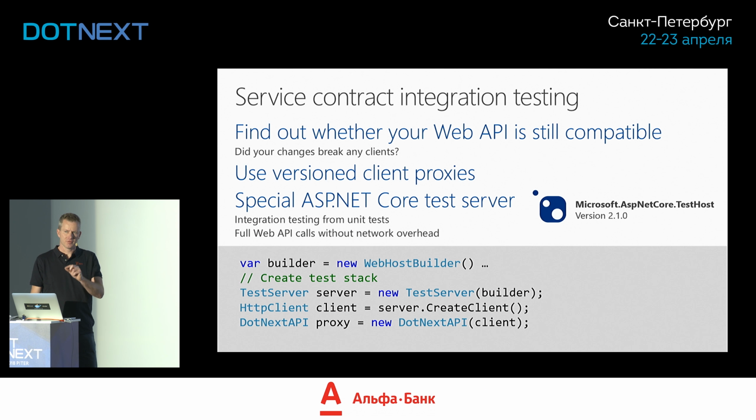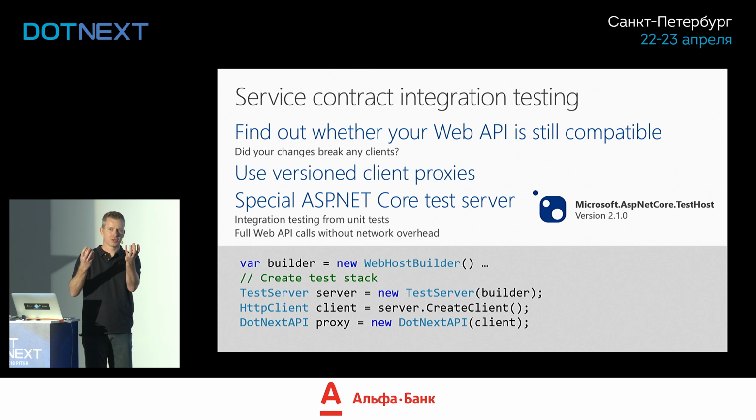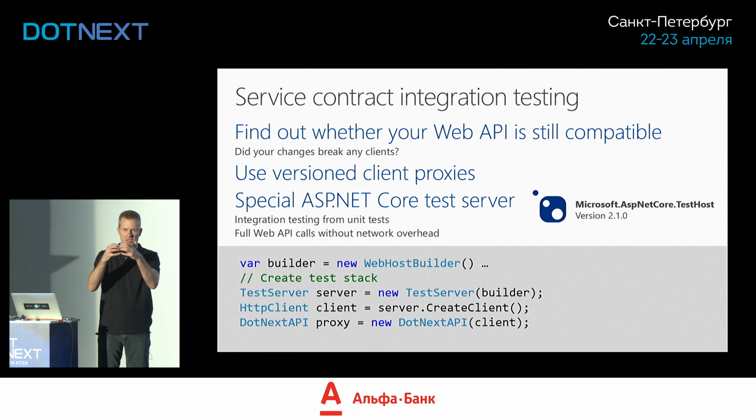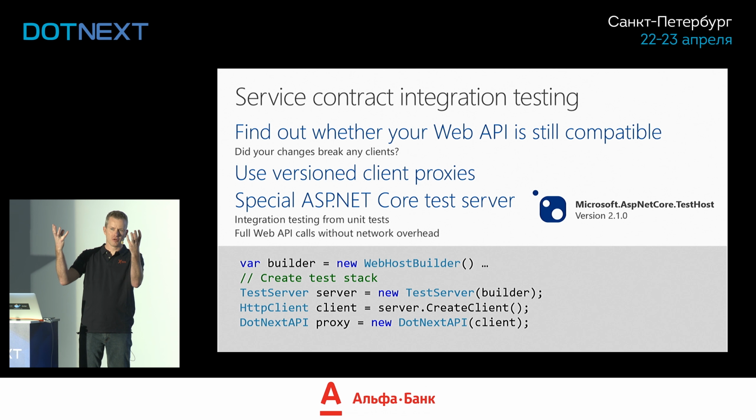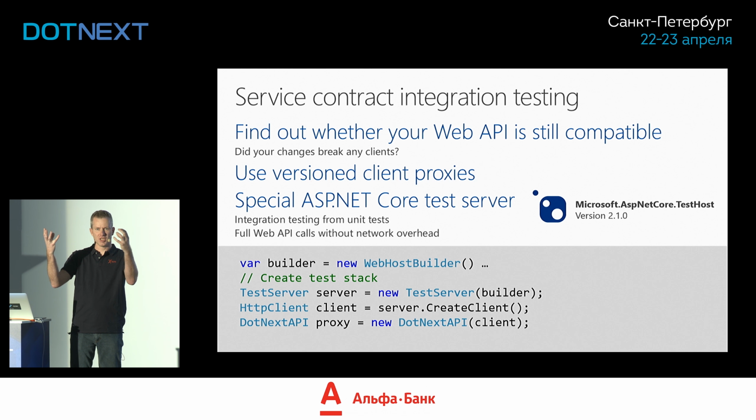If you have the SDK, it will make it easier for others, but also yourself, to call your web API. And you can use it to your advantage, because if for a particular version of your web API you created your client SDK, they are in sync. And if you start changing your web API, you can use your own client SDK of that version to see if it still works.